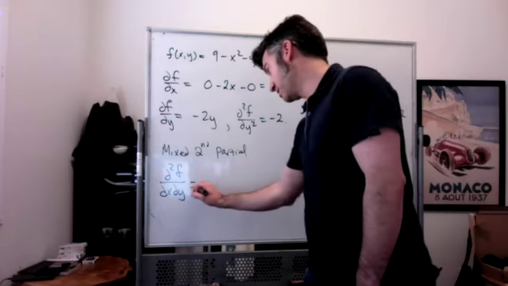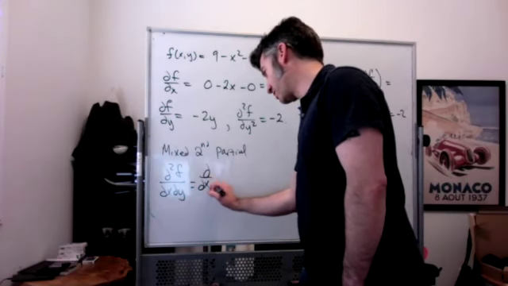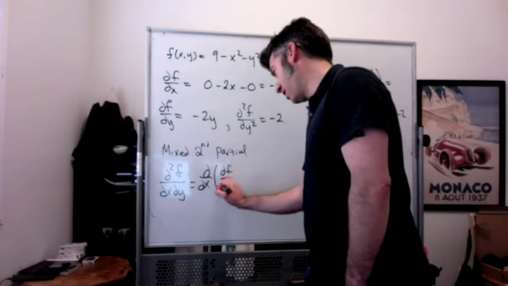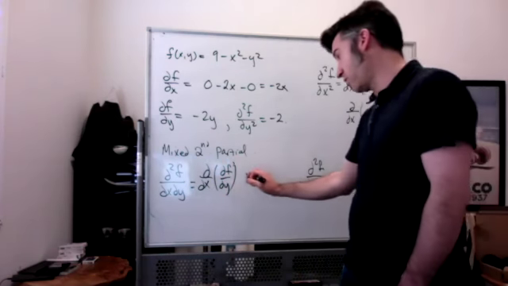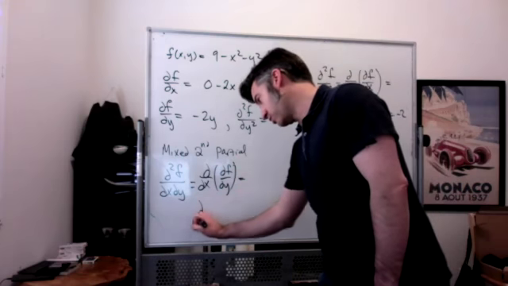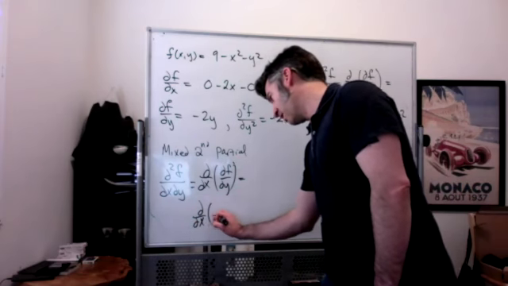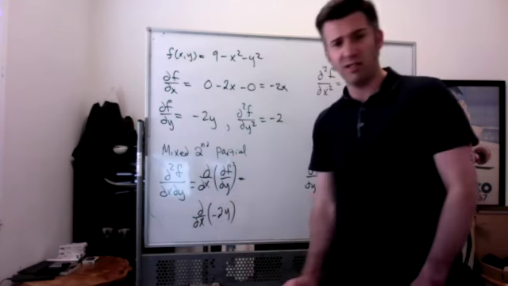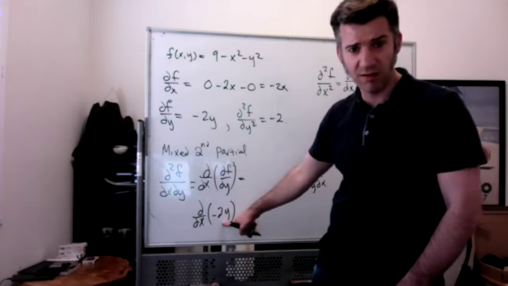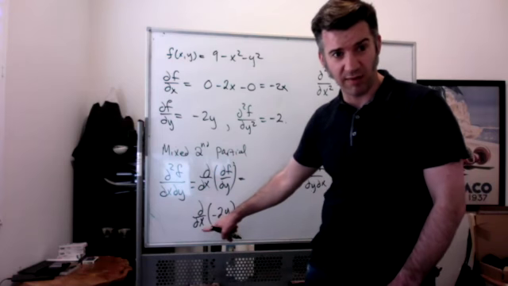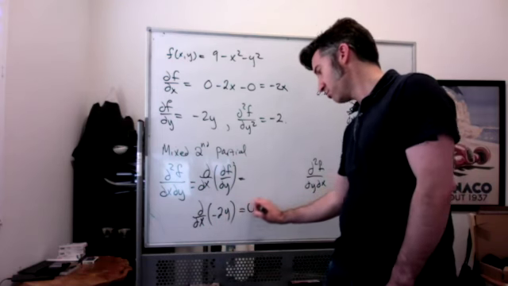You write this as del x of del f del y. So first you do del f del y, which is negative 2y. So it's going to be the partial with respect to x of negative 2y. But that's just 0, because there's no x's in there. This is a constant as far as that variable is concerned. 0.